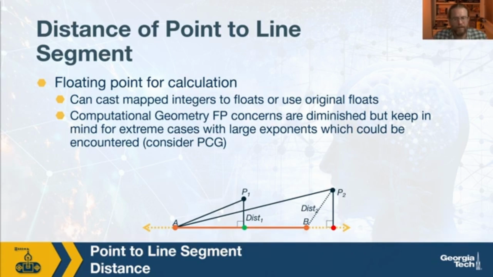In terms of robustness for this calculation, we will need to use a floating point representation. This is because we're calculating an estimate of distance, and because of the nature of discretization to integers for computational geometry purposes, it's like pixels.